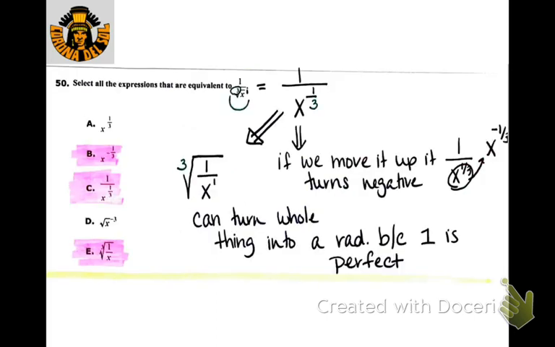All right, this one can be a lot of things. So first you can change it to a fractional exponent. So it's 1 over x raised to the 1 over 3. If you wanted to, you could bring this guy up to the top. That would make him extremely unhappy, so he would be negative, and then that would make it this one.